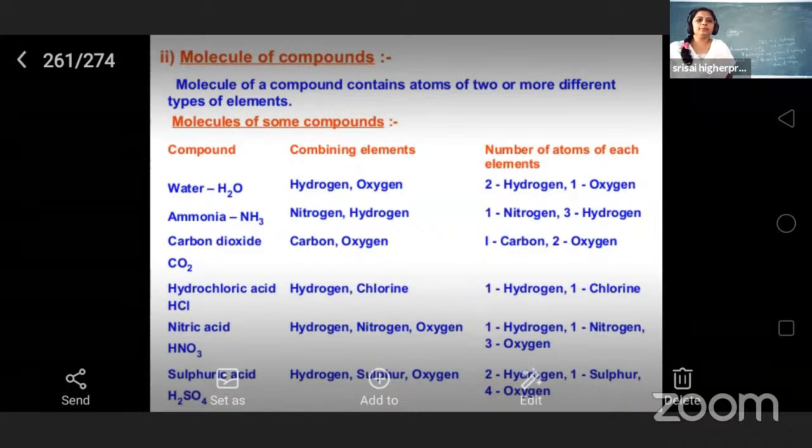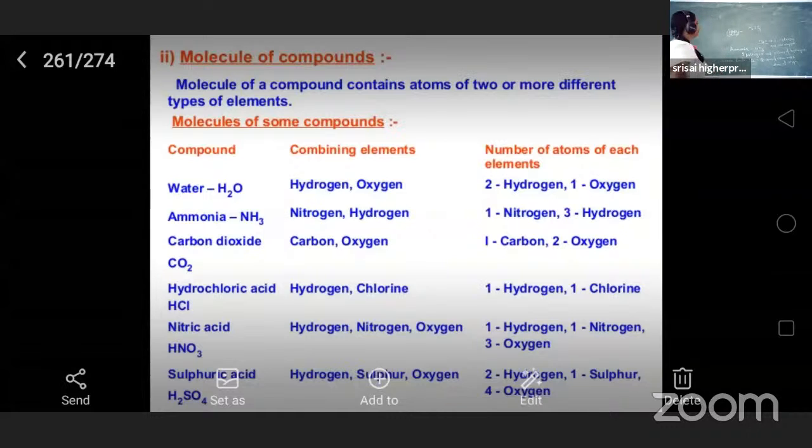And sulfuric acid. What is the sulfuric acid formula? H2SO4. How many elements can you find in this? I'm asking how many elements are there in this.